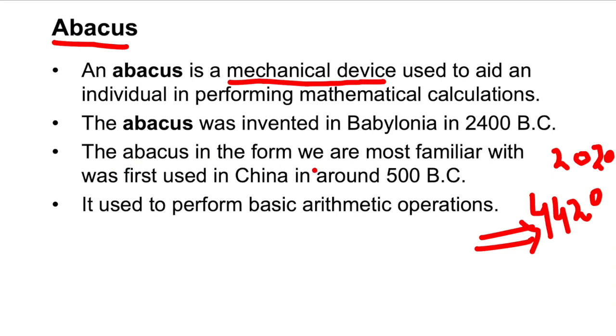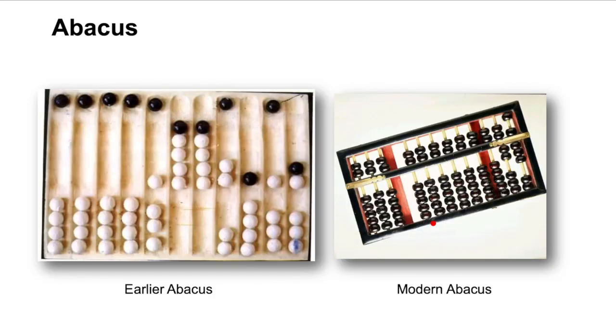The abacus in the form we are most familiar with was first used in China around 500 BC. So the abacus we know is around 2500 years old. It was used to perform the basic arithmetic operations. So this is a general overview of the abacus.